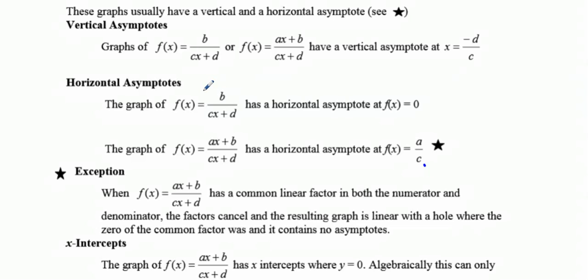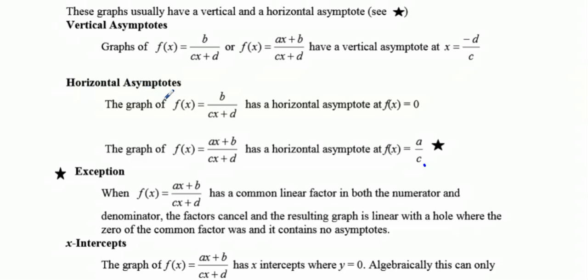Now, I've already told you many times that the equation of the horizontal asymptote for a reciprocal linear function, and indeed a reciprocal quadratic function, is y equals 0, or f of x equals 0. For a linear rational, where you have a linear in the top and the bottom, you would have a horizontal asymptote at y equals a over c, where a and c are the coefficients of the x.